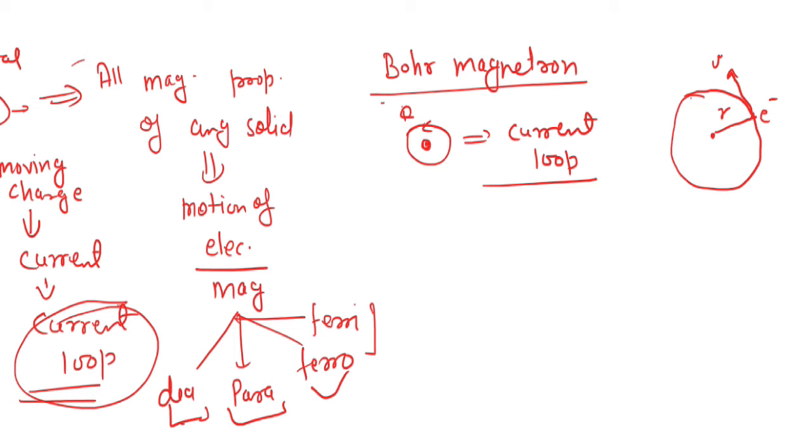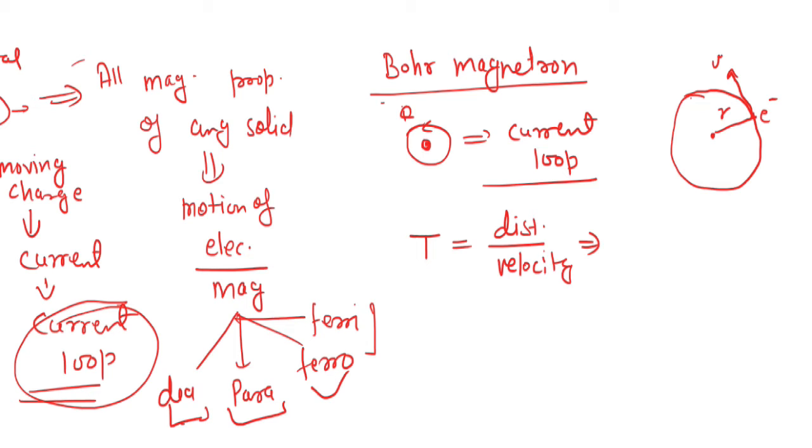So you can say that the time period T of this motion will be equal to total distance upon total speed or total velocity. If you consider one total cycle of the electron, the electron has covered a distance equal to the circumference of this circle.